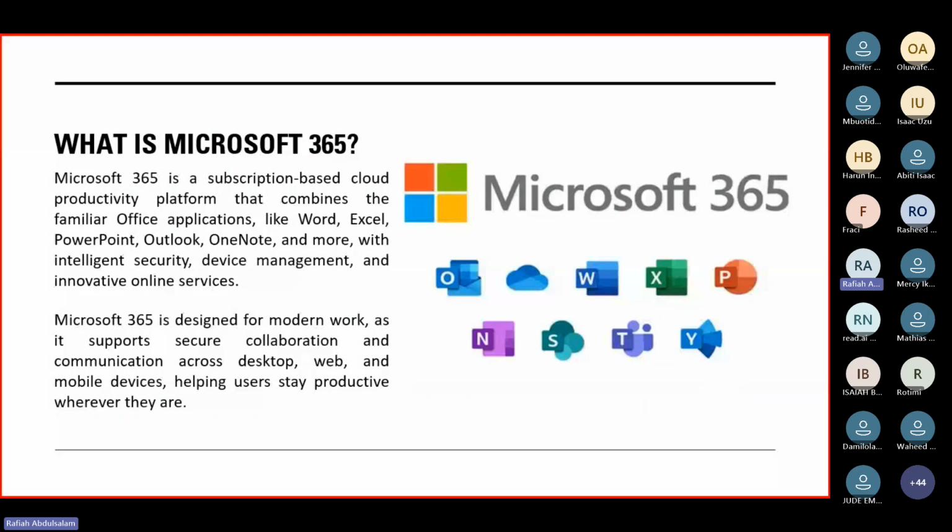Now, when they say across desktop, web, and mobile devices, I would like you to know that not all Microsoft 365 licenses or subscriptions can be used on your desktop. In some cases, you can only access these resources over the web and on your mobile devices.